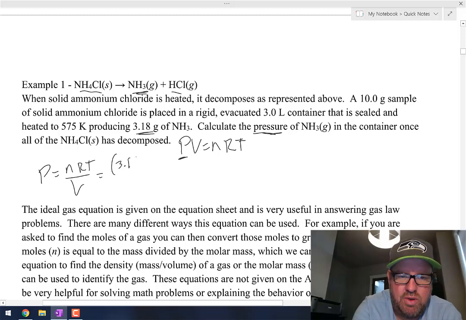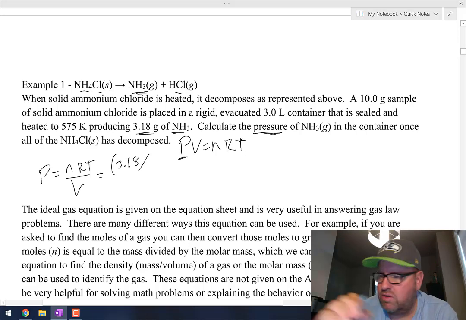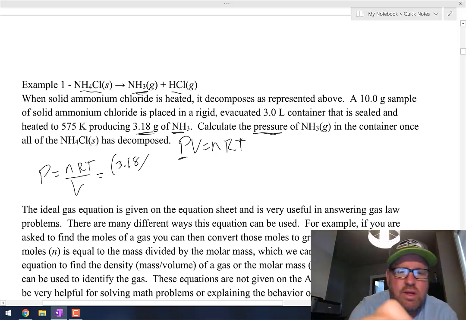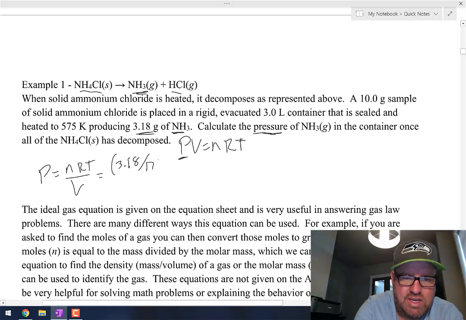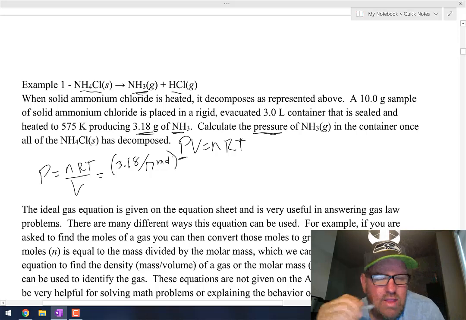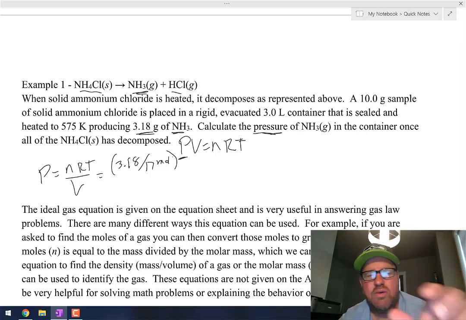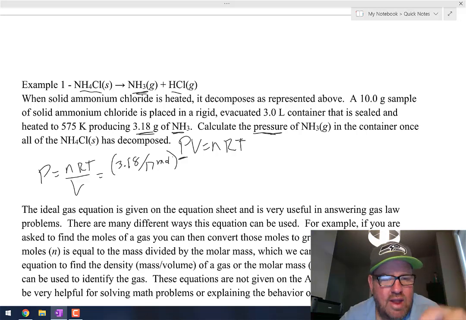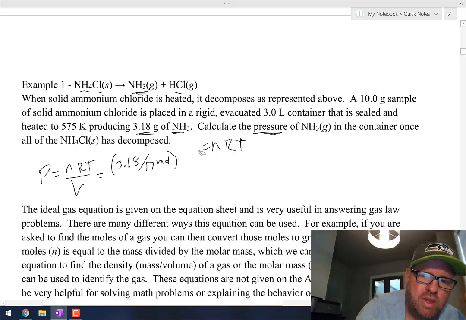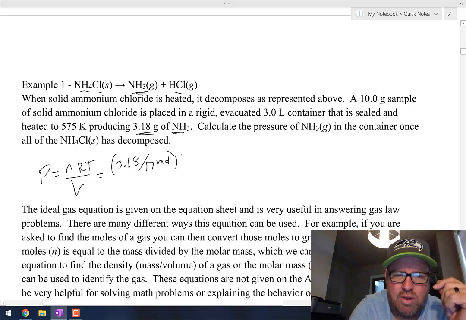I'm just going to take 3.18, and I'm going to divide by the molar mass of ammonia. So I go to the periodic table. I see that it has a molar mass of 17, and then I'm just going to write the word mole in there, because by taking 3.18 grams and dividing by 17, that gets me to moles. I don't even care what the answer is of that. I'm just going to use that in my problem once I get to the calculator part.